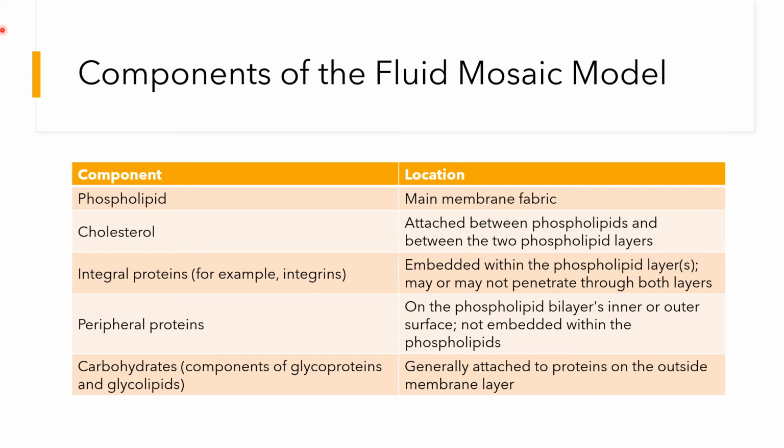And just for a quick reference, I have also added this table that I found in the book, and it's about the components of the fluid mosaic model. So it talks about which part of the plasma membrane and then what those parts do. So go ahead and look over that whenever you get a chance.